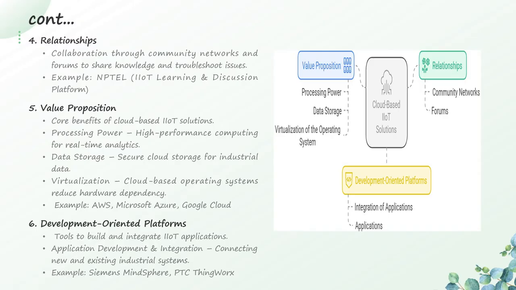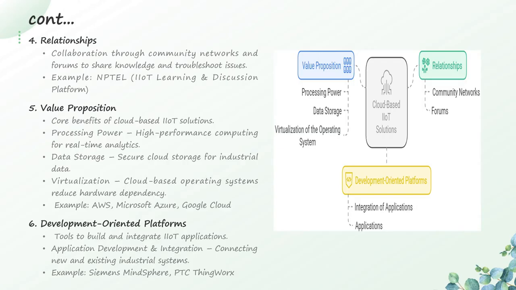Then you have value proposition. The next key aspect is the value proposition. In this, the core benefits that the cloud-based industrial solutions offer to industries include the processing power, where high performance computing for real-time analytics and AI driven insights are used.